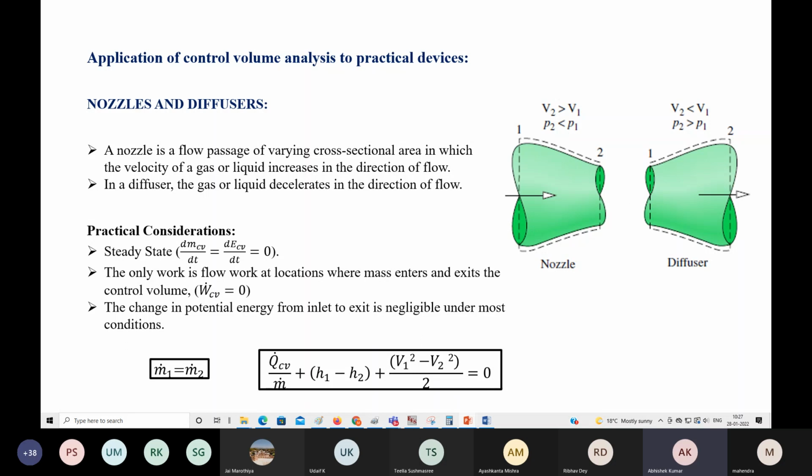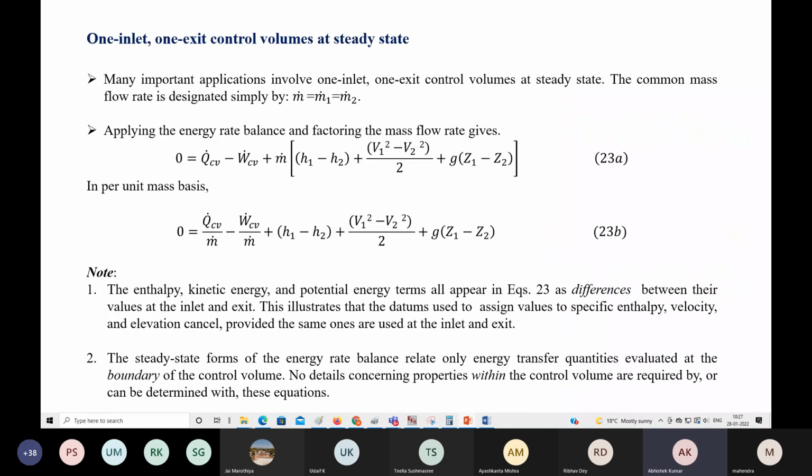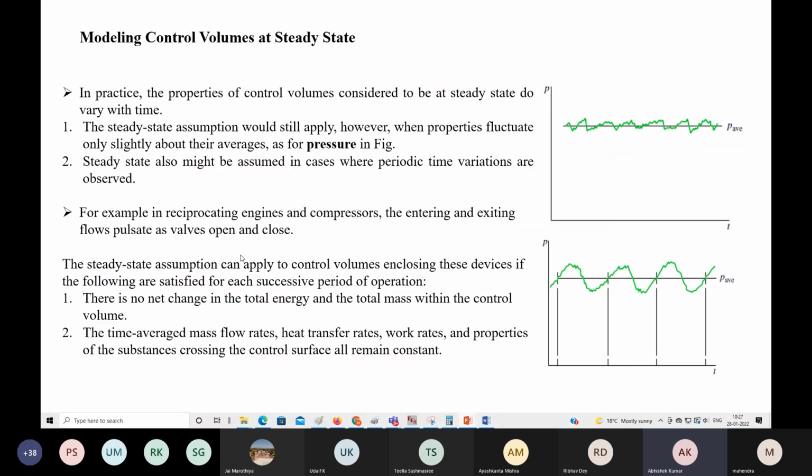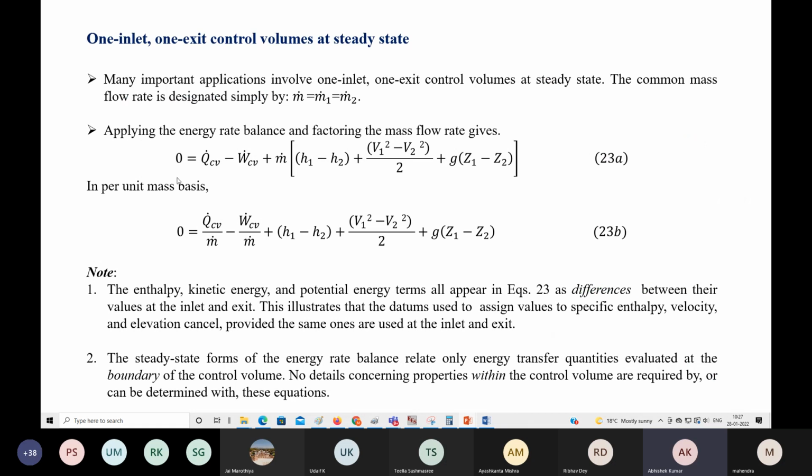That is the reason in our equation this term we are considering as 0. As we have assumed, all the systems here are steady state systems, so this term itself is already 0 in this equation, and here also it is 0.